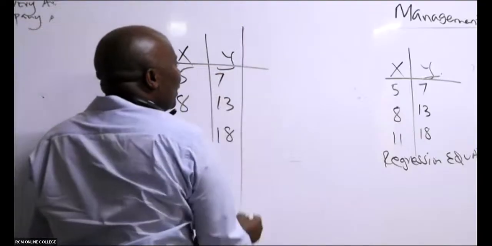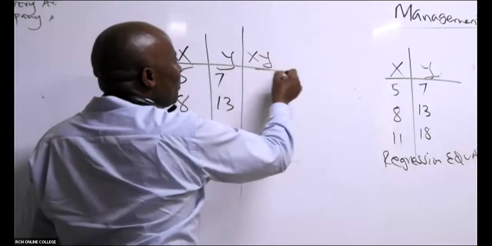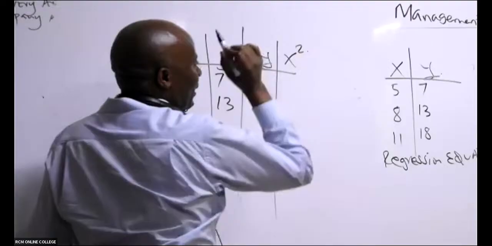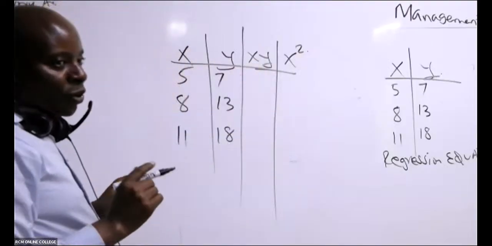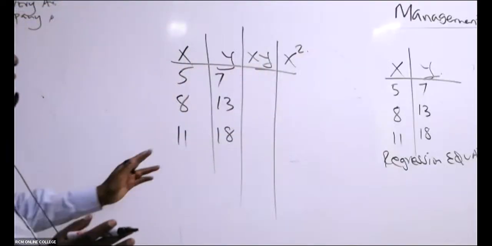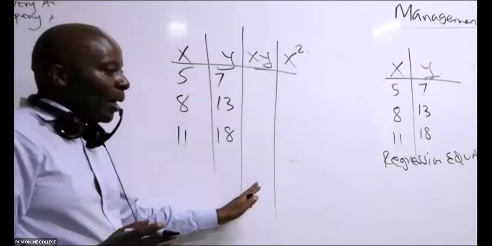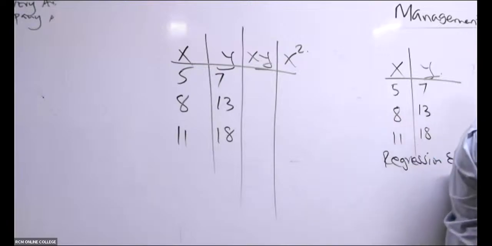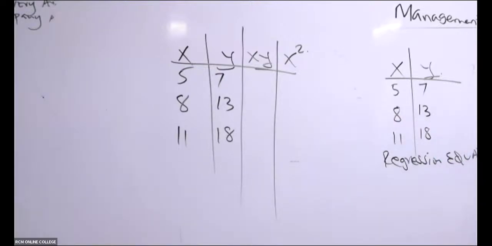What you need to do is create 2 extra columns. The first column will be xy, and the second column will be x squared. Those 2 columns are very important. So kindly create them and then fill them up. Abracadabra, life is good.